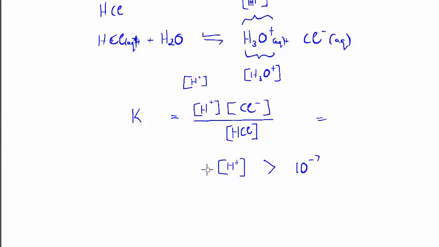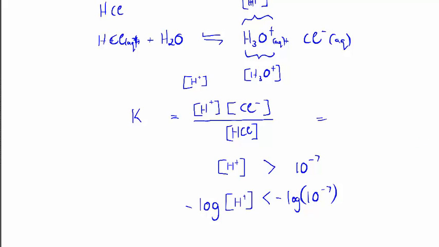Now if I take the pH on both sides, remember pH is negative log of H. So I take the log on both sides, but I take the negative log, so it changes the sign.